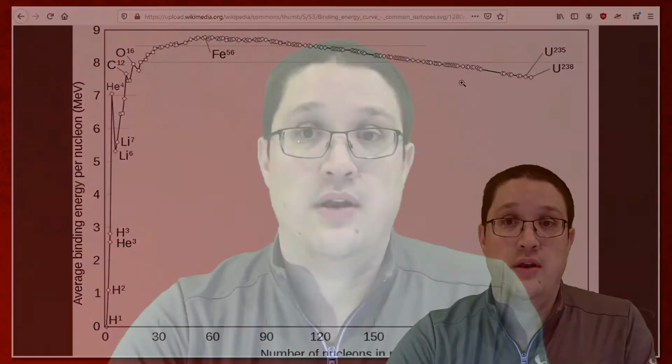Now, fusion is also a possible candidate for producing energy or creating electricity on Earth. This is another very promising way that we could create energy in a way that produces zero greenhouse gases. This is a really good option for us, but despite the hype of fusion, there are some challenges with it. So far, we think we are going to need very large reactors in order to produce energy from fusion.